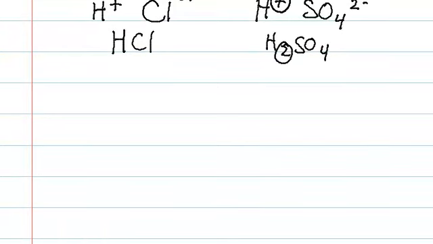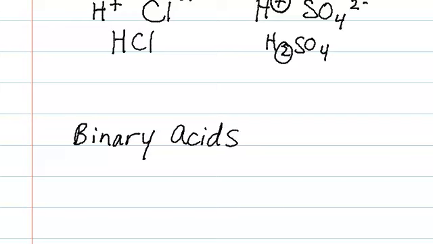So we had two types of acids that we used for our naming system. We had binary acids, like hydrochloric acid, the HCl, and we had oxyacids, like our sulfuric acid.